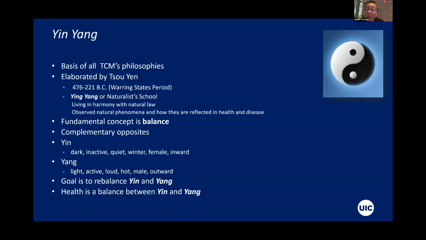So yin is dark, inactive, quiet, winter, female and inward, and yang is light, active, loud, hot, male, and outward. The goal in traditional Chinese medicine is to rebalance yin and yang. Health is a balance. When there is a balance between yin and yang, then health ensues.